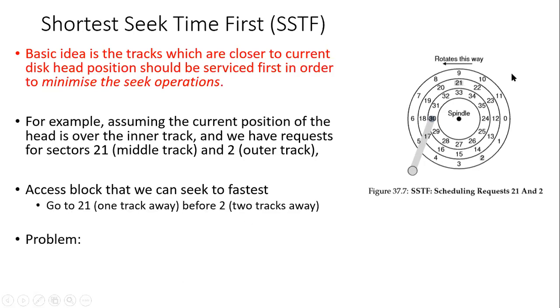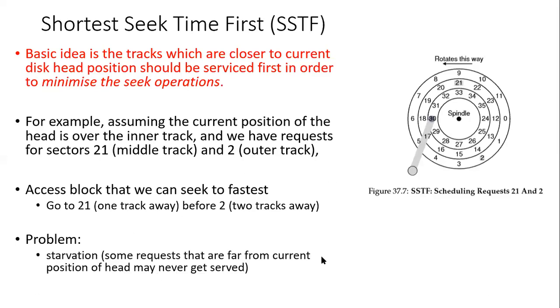So what is the problem with this? What can be the problem? Anyone? Of course, the problem is starvation. Because some requests that are far from the current position of the head may never get served.